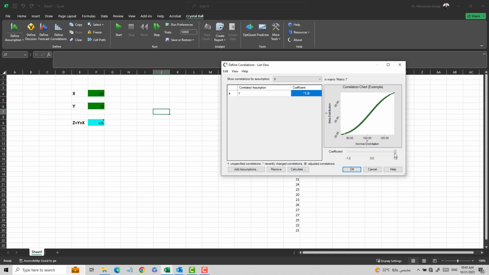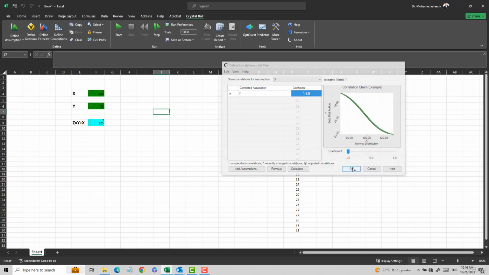And also you may have a coefficient in between: 0.5, 0.4, 0.39, and so on, depending on your data. If you assume that when you increase this value x, y will increase by around 0.5 of x, or decrease by minus 0.5 of x, there will be a relation between these two numbers. And in our case, you assume it will be inverse: when one increases, the other one decreases, as a rule of thumb. We mentioned that already.